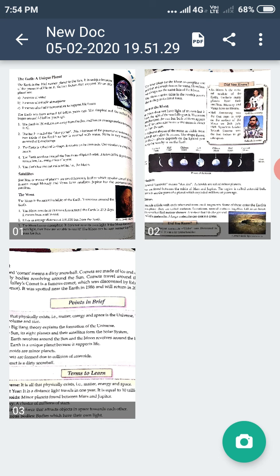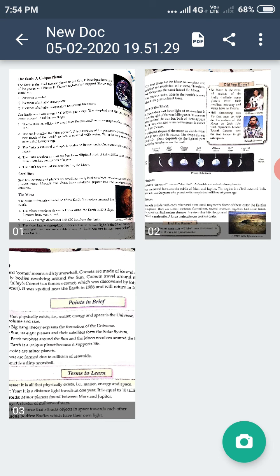Now Earth was born around 4.6 billion years ago. We have already studied that it is 150 million kilometers away from the sun, and the average surface temperature of the Earth is 14 degrees Celsius.